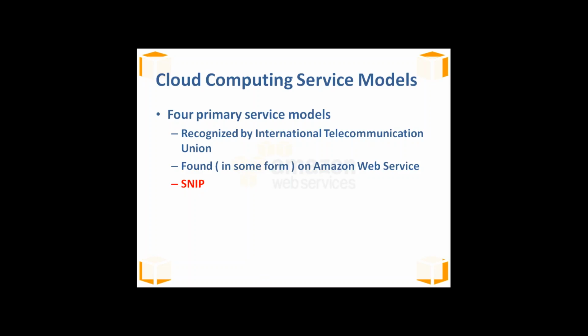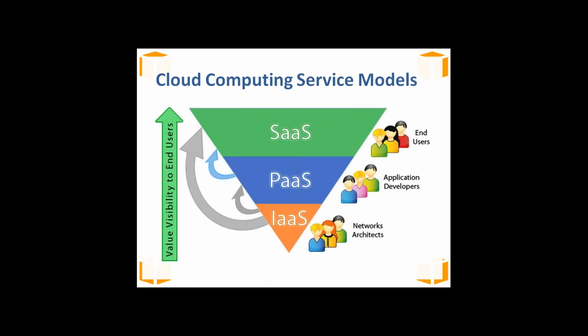Now, we're going to talk about each service in overview. I have given this picture for you to understand the relationship between infrastructure as a service, platform as a service, as well as software as a service.